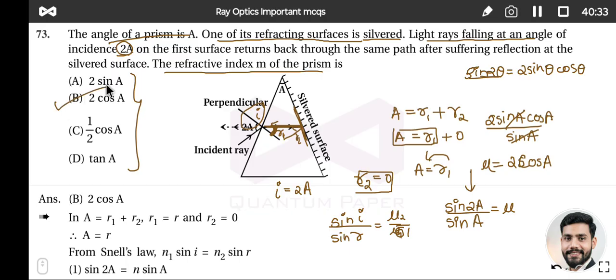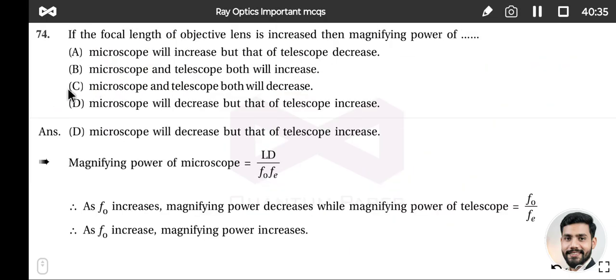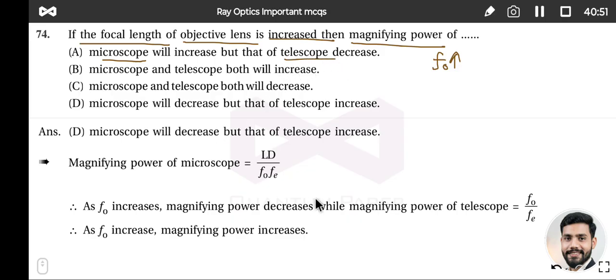Look at the next question. If the focal length of the objective lens is increased, that means FO is increased, in that case what happens to the magnifying power of microscope and telescope, both we have to see. The magnification power of a microscope is given by LD upon FO into FE. So the objective lens focal length and microscope power have an inverse relation.